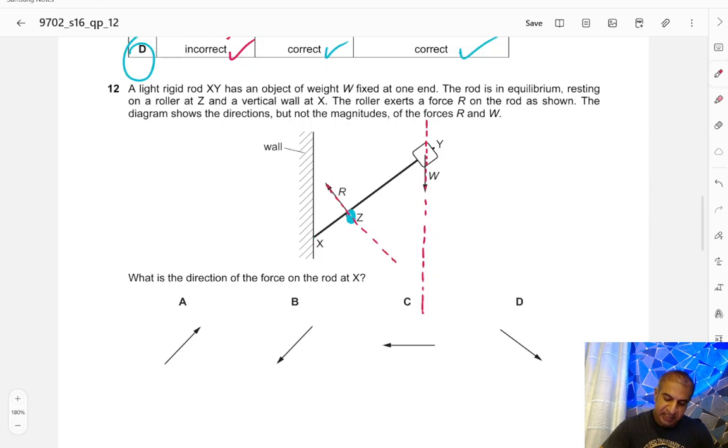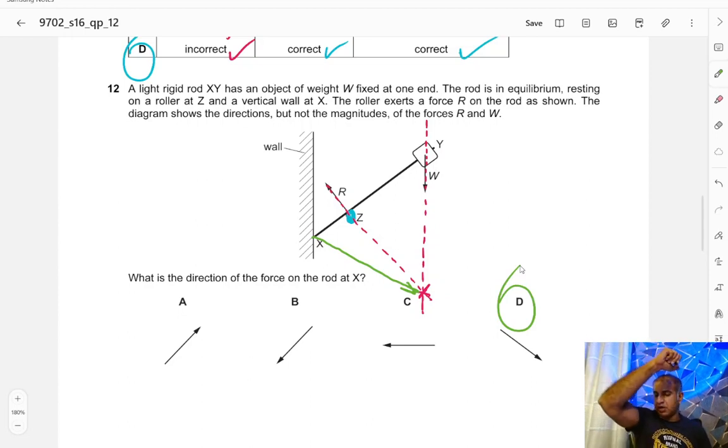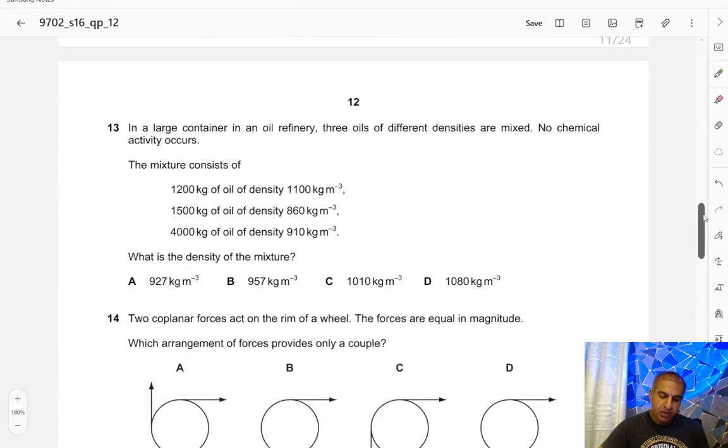We can see they are intersecting at this position. So the unknown is the force at X. From here, another line is going to be coming out, and that should also be in this direction. So it means D should be the right answer. Fastest way to do it. Let's just move on to the next question.